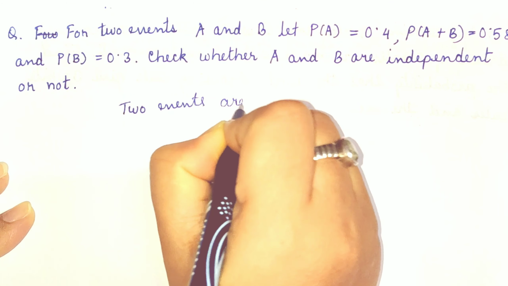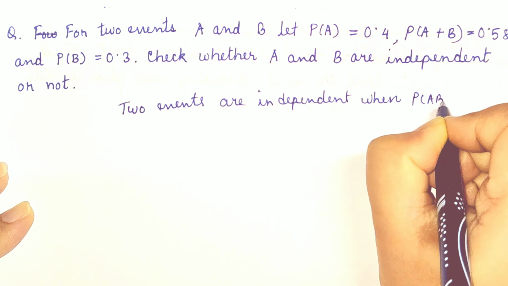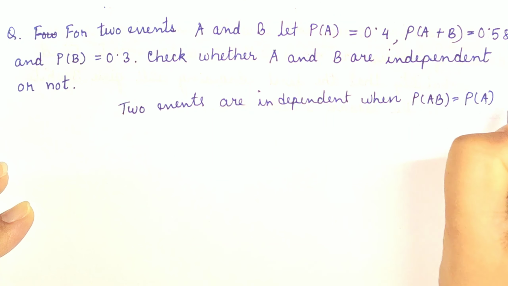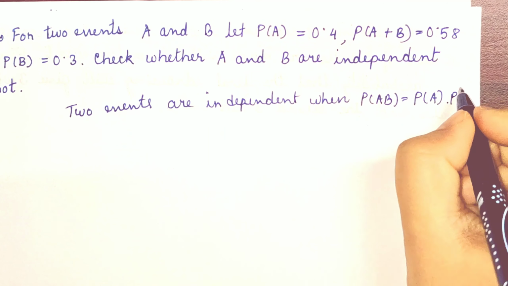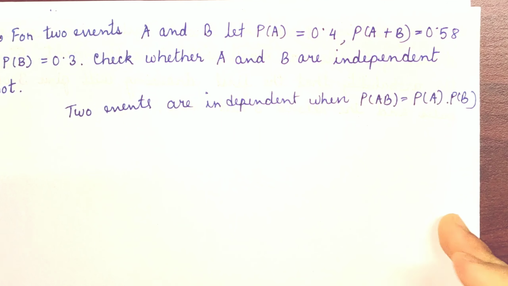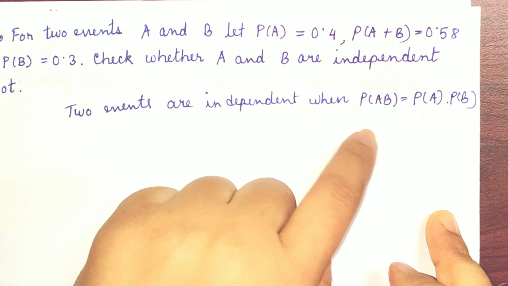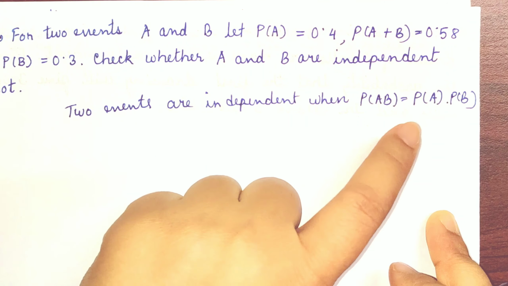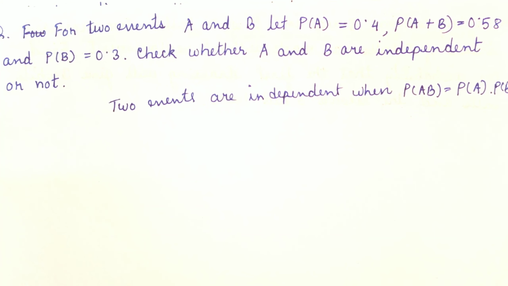Two events are said to be independent when P(AB) is equal to P(A) into P(B). Some values are given here, and we will use this formula to check whether they are independent or not.